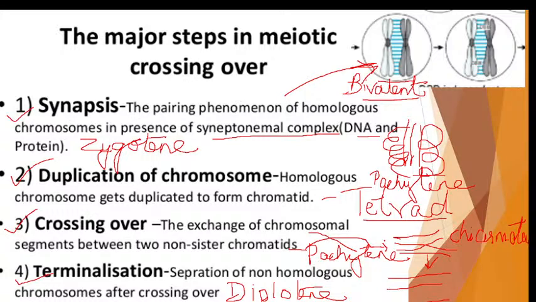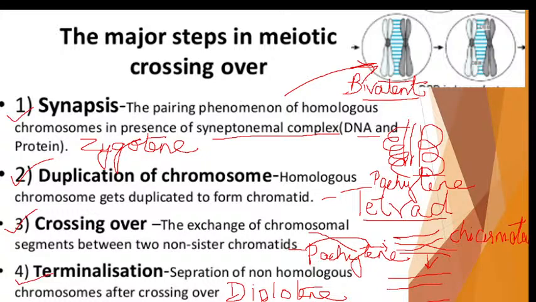Actually, they move apart like a zip. When it is in the closed condition, it is joined together. So when you open a zip, what happens? The two sides of the zip get separated. Likewise, the chiasmata will move, and the non-sister chromatids will get separated.